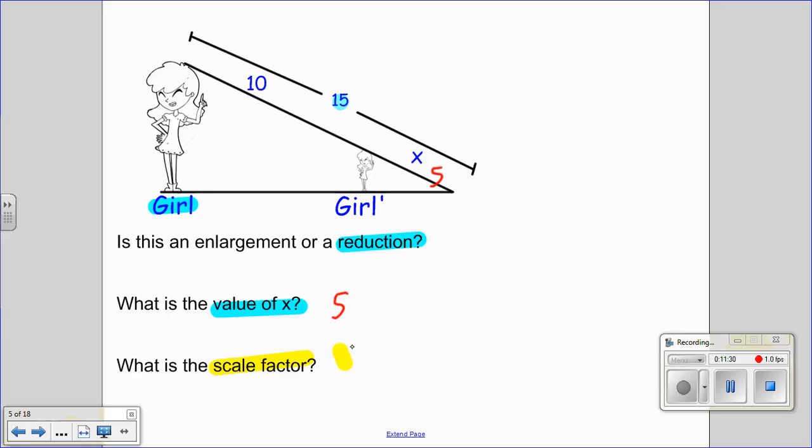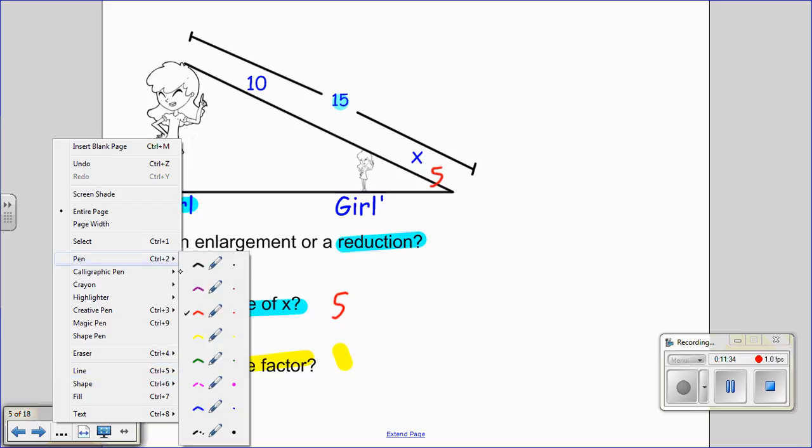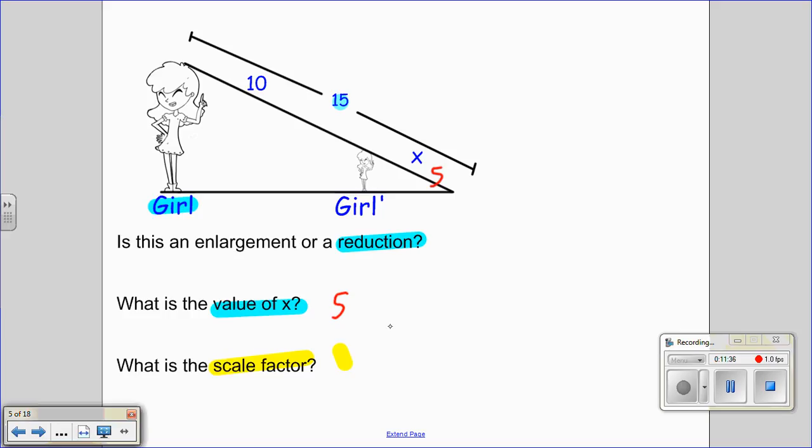Well, 15 times 1/3 would give you 5. In other words, 15 divided by 3 is 5. So the scale factor is 1/3.